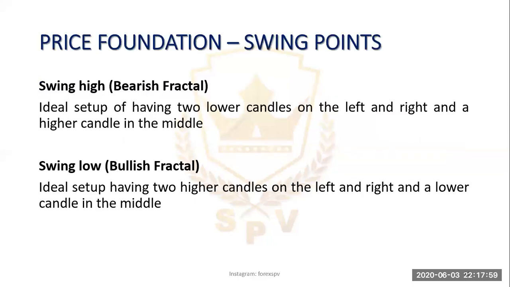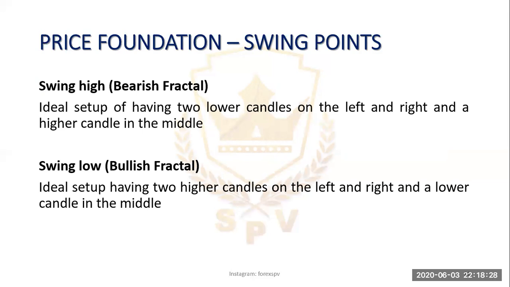Now we need to start from the lowest level, and here we are talking of the price foundation. This is the primary price action knowledge. We need to know the swing points, the swing highs or the short-term highs, and the swing lows or the short-term lows, or we can call them the bearish fractal and the bullish fractal.